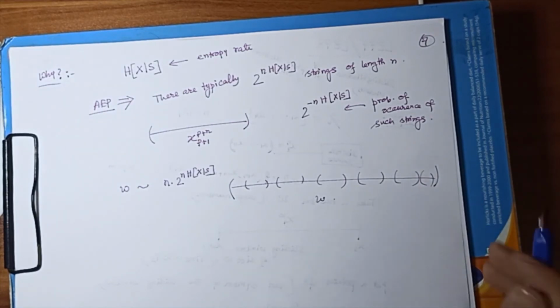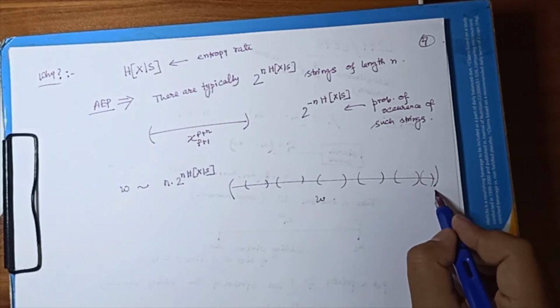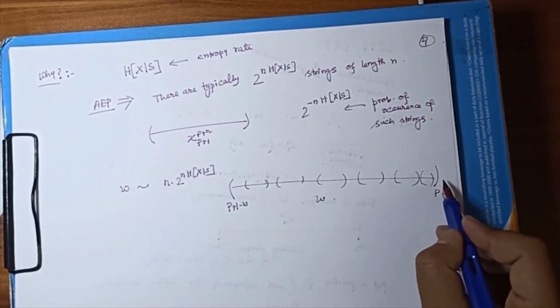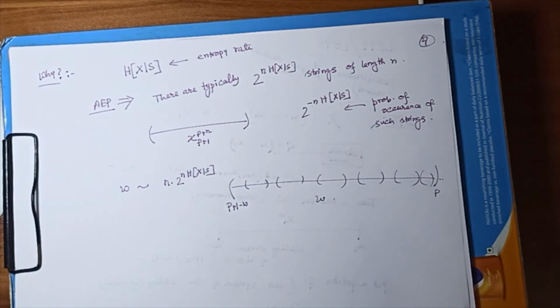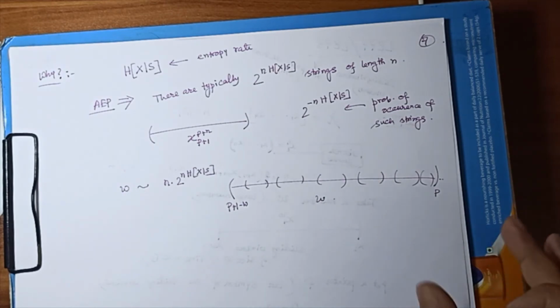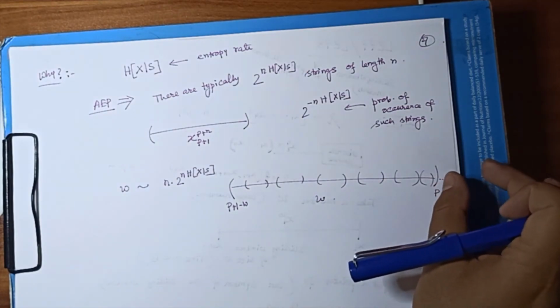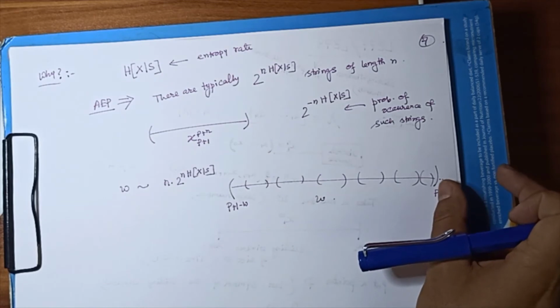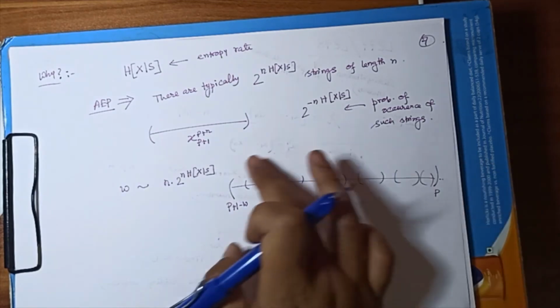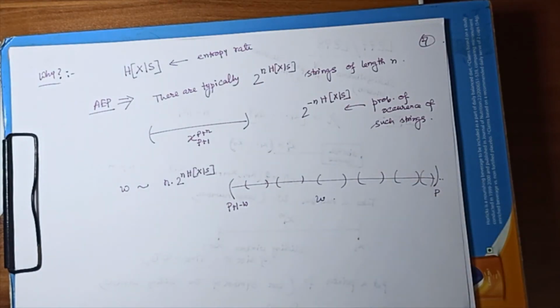So why this? Because after this pointer p, this is say p plus 1 minus w, I expect one typical sequence to appear always. That is what the asymptotic equipartition property says, that whenever some n string appears, it will be a typical sequence with high probability. So when I am expecting some n sequence to appear there, I also expect that that n sequence has already happened within the size of w.